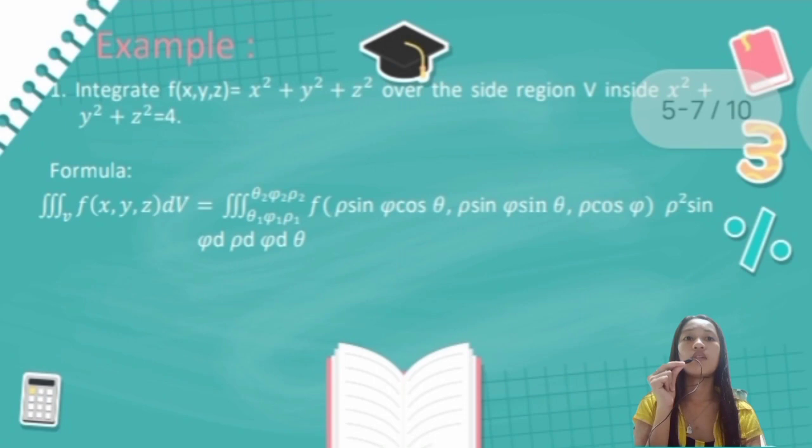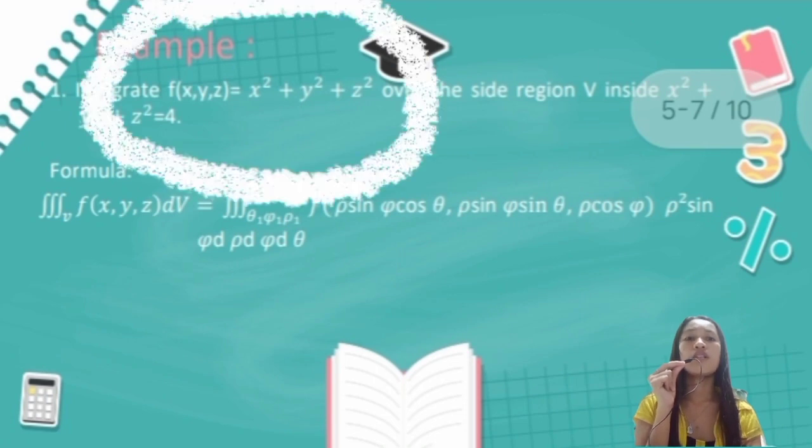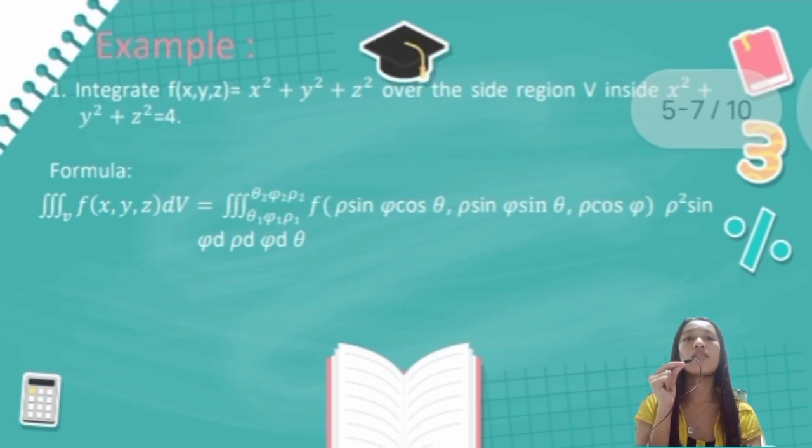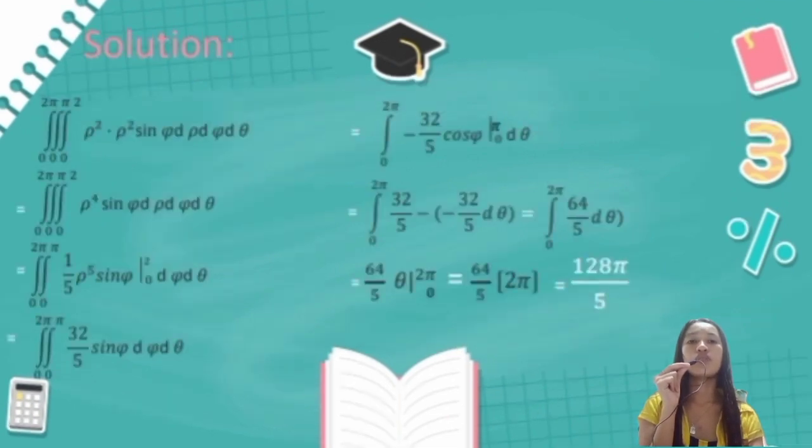Here we want to integrate our function over the solid region x squared plus y squared plus z squared equal to 4. We should recognize this as a sphere with radius 2. Let's go ahead and set this up. First, let's convert our function to a function in spherical coordinates.